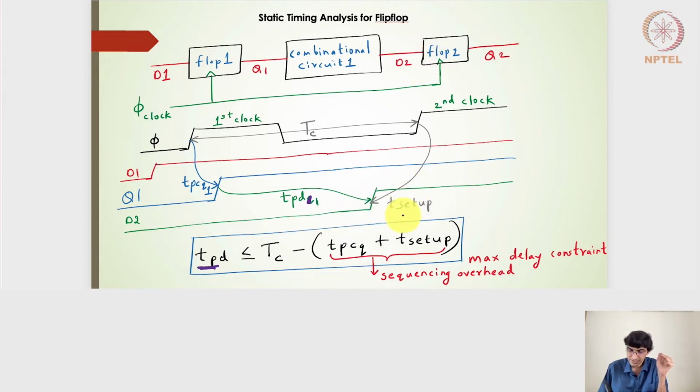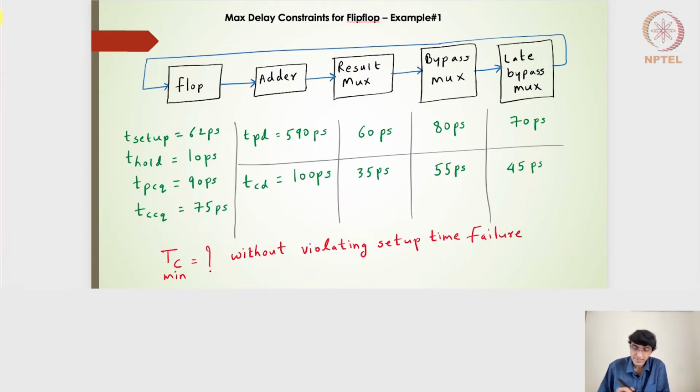So this becomes kind of an overhead for the combinatorial circuit design, which is why it is called the sequencing overhead. But we cannot avoid it because we need the sequencing to be generated, as we need the output of the combinatorial circuit to be timed. So in that sense, it is a sequencing overhead. Hope it is clear.